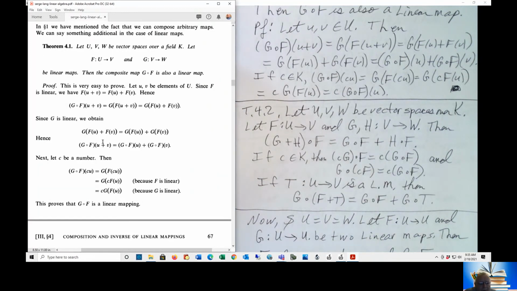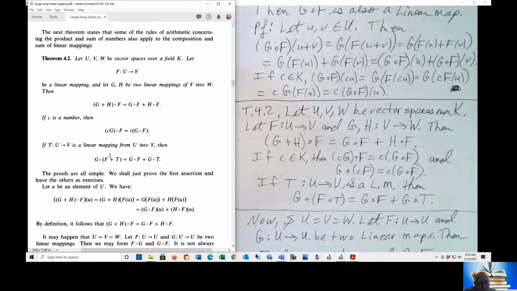So look at the next theorem, theorem 4.2. This theorem tells us that compositions are distributive over addition, and scalars can go in and out wherever. So if U, V, and W are vector spaces, and F goes from U to V and G and H go from V to W, then G plus H composed with F is G composed with F plus H composed with F. And the same thing for scalars.